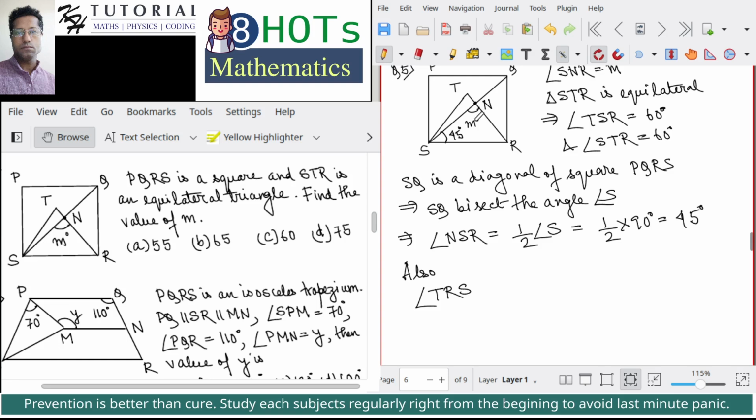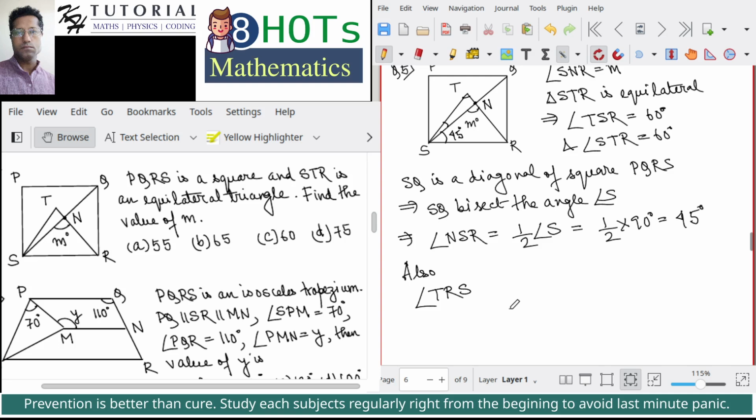Angle M is an exterior angle to the two opposite interior angles, this angle and this angle. We know that an exterior angle in a triangle is equal to the sum of its two opposite interior angles.